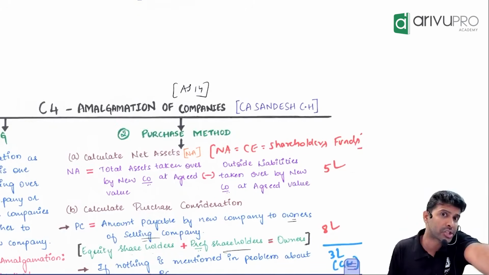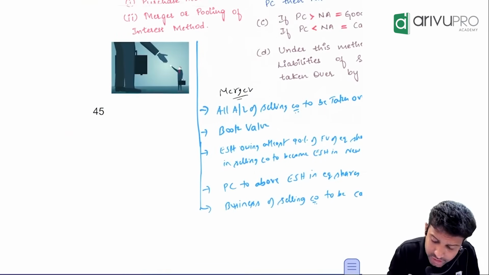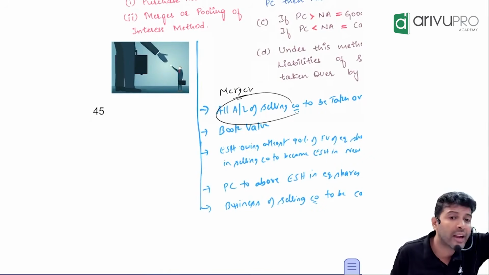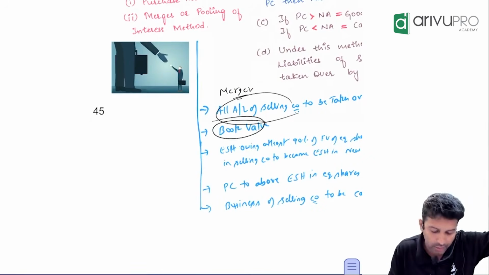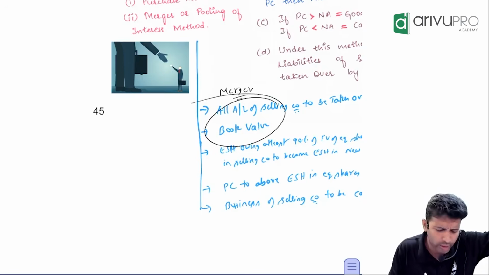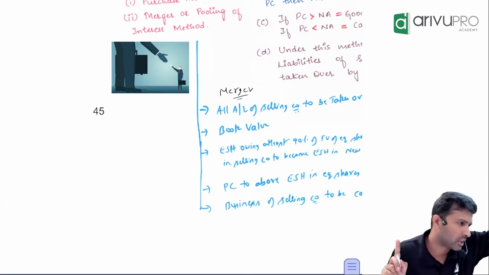Sir, under the merger method, can you ignore any asset, or do you have to take over all assets? Under the merger method, all assets and all liabilities should be taken over. But under the purchase method, is it mandatory to take over all assets, or is it the purchasing company's choice? Purchasing company's choice, yes or no?